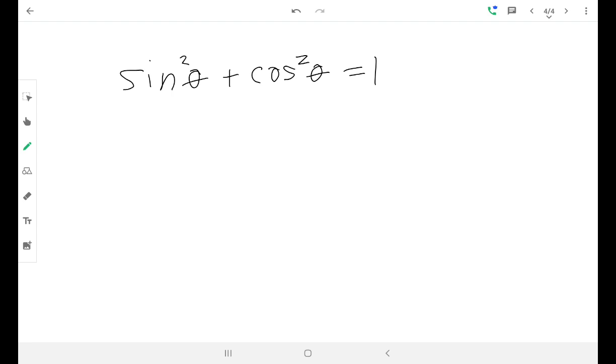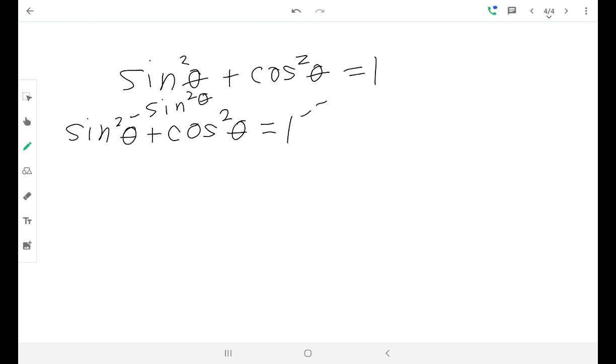And you want to note that you can do a couple of simple algebraic things with this that make it even more useful. So I'm going to do those down here. For instance, if I were to subtract the sine squared theta on both sides, I would get that cosine squared theta equals 1 minus sine squared theta.